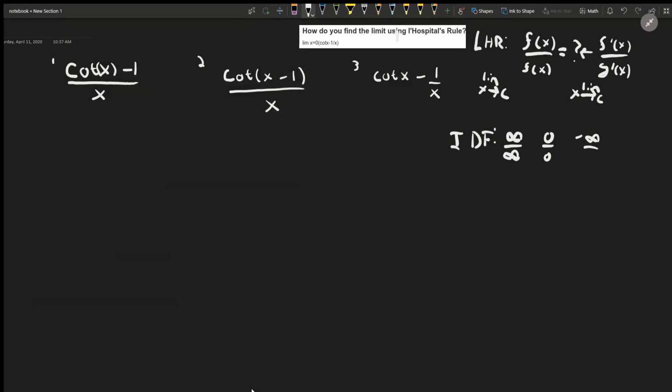Negative infinity over infinity and infinity over negative infinity are also indeterminate forms. Another really good indeterminate form is infinity, plus or minus, it doesn't really matter, times 0 and vice versa. What does that equal? I have no idea. No one does.